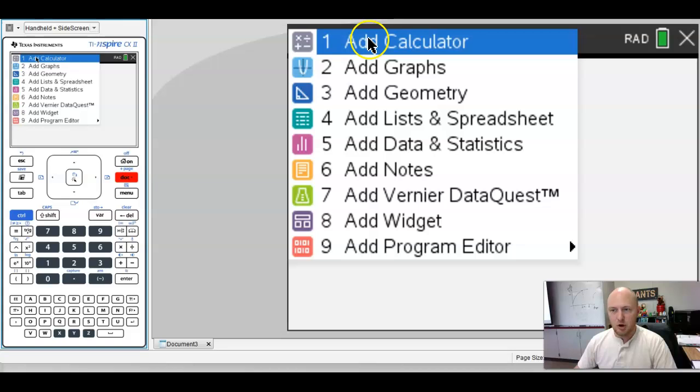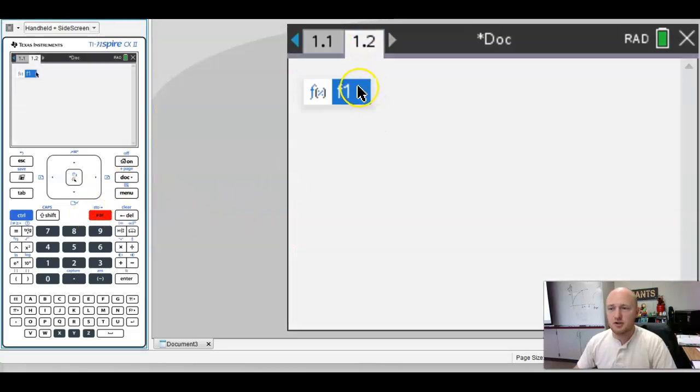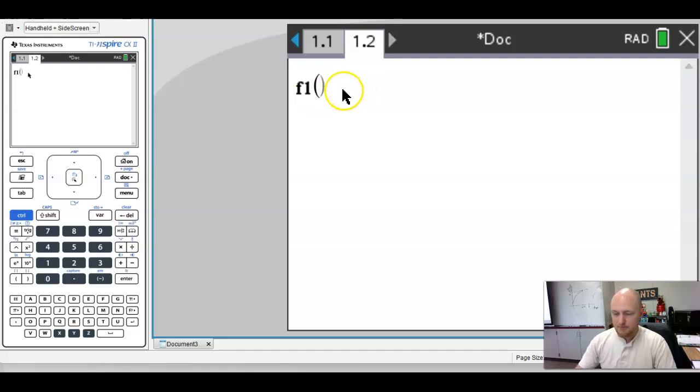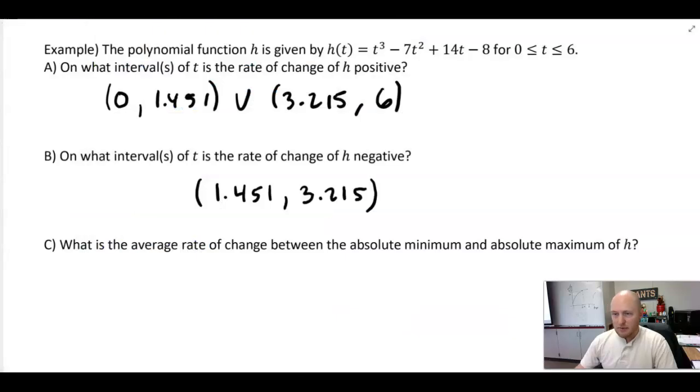So I'm going to go ahead and find those endpoints, open up a calculator tab. I'm going to say, what is the function value at 0, and what is the function value at 6? And there's the values. Again, I can just write my difference quotient.